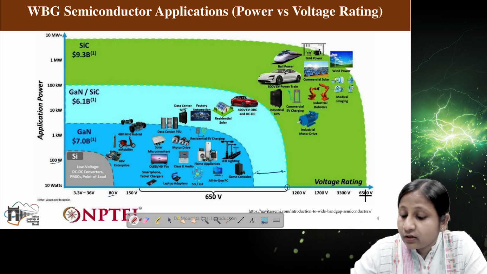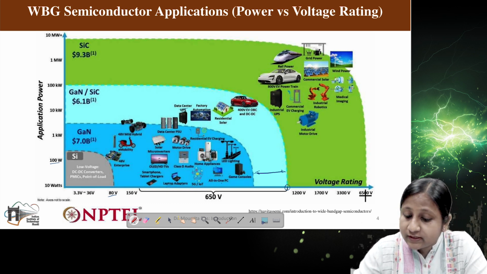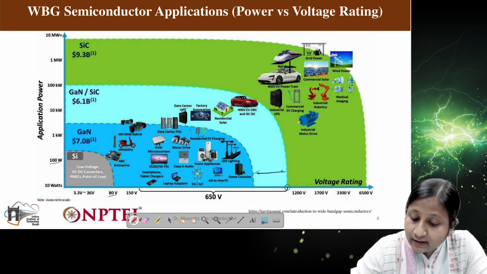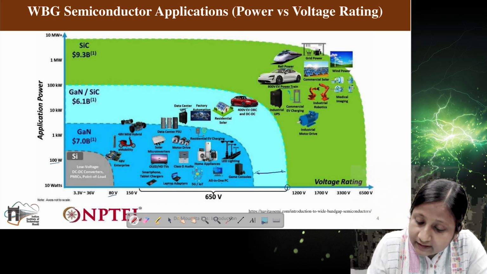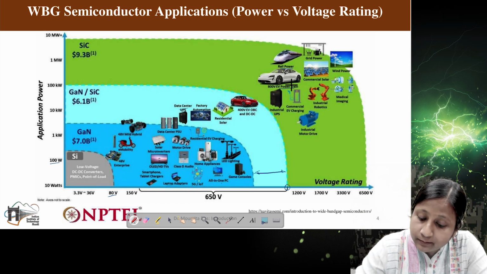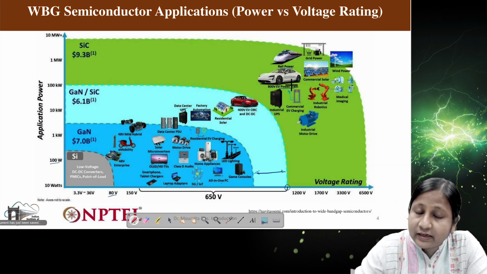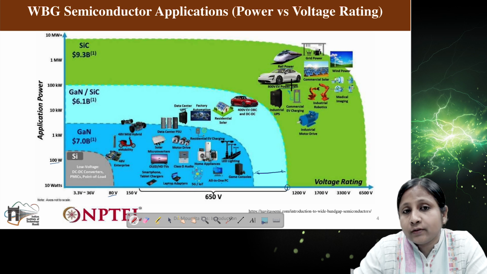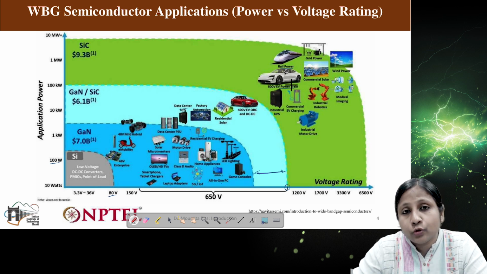Where exactly will those devices be applicable? One of the applications is rail power, traction applications, and high voltage EVs. EVs can be of different types: two-wheeler, three-wheeler, four-wheeler, and heavy electric vehicles. There are also different voltage levels in EVs. Some EVs use 48 volts, and some use 400 volts.